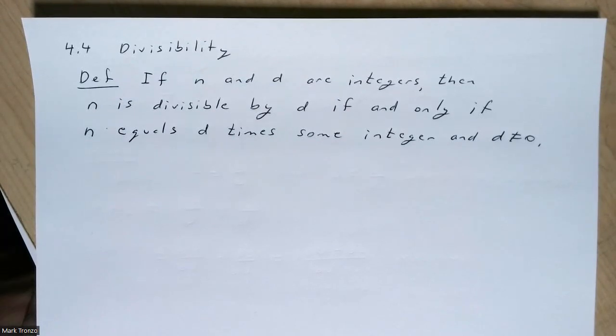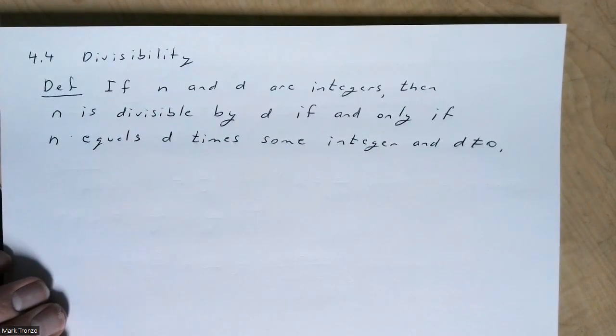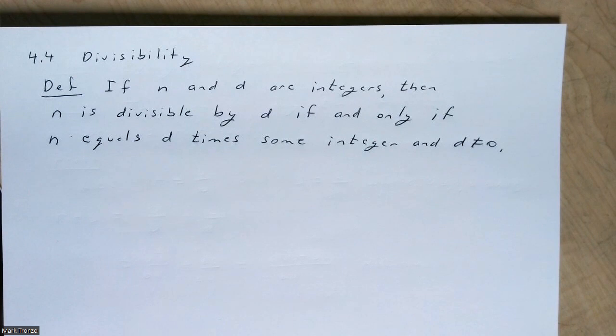If N and D are integers, then N is divisible by D if and only if N equals D times some integer.